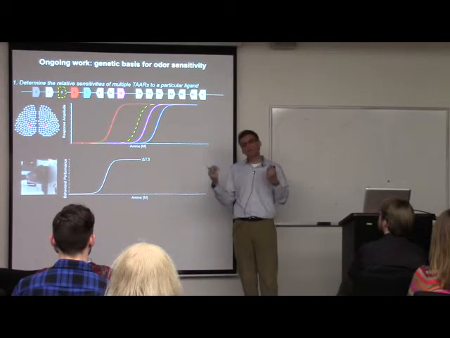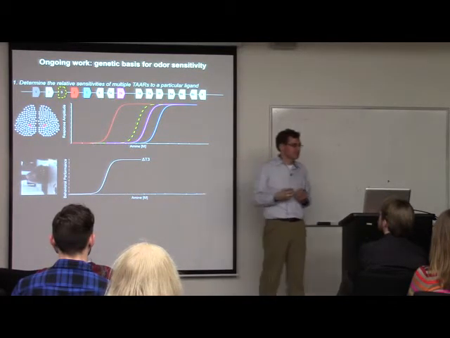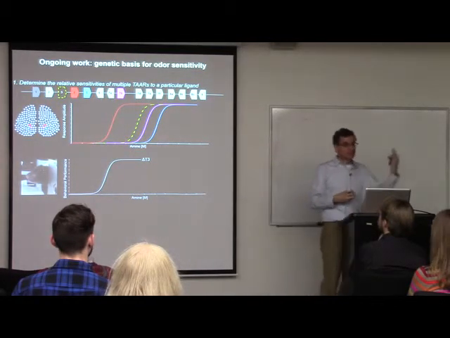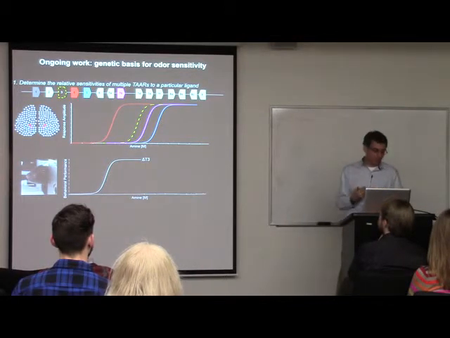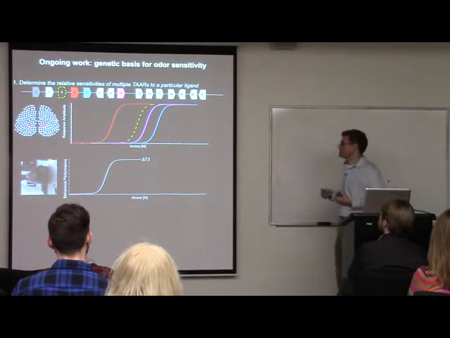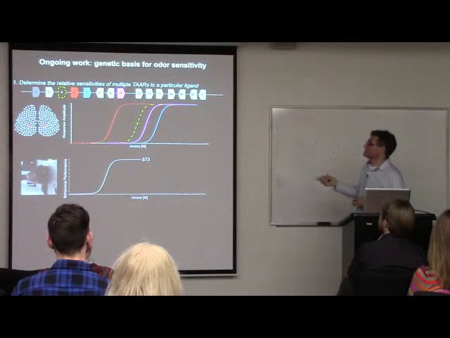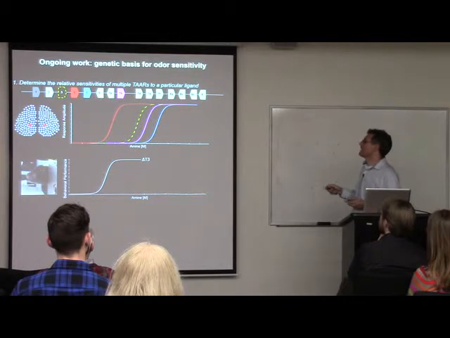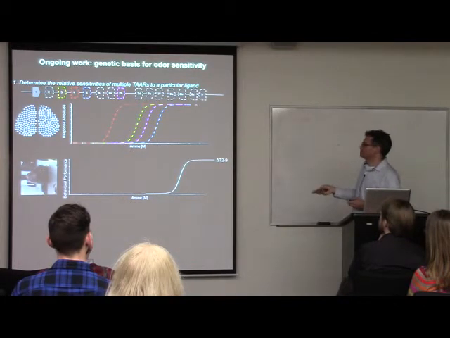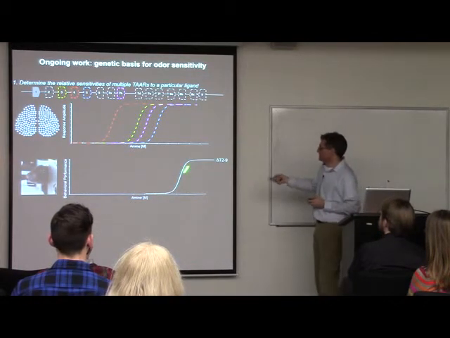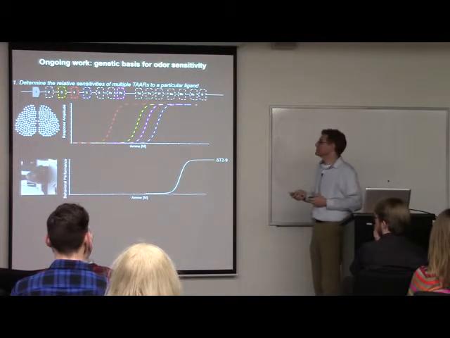That is to say, is there some kind of cooperativity among the receptors such that it's not only the best receptor that matters, but you also need input from the next best receptor? And how different are these sensitivities from each other to have an effect? So there's all sorts of interesting questions to ask here. Of course, you could remove the entire gene cluster and you will affect the sensitivity of the animals. I've already shown you that.